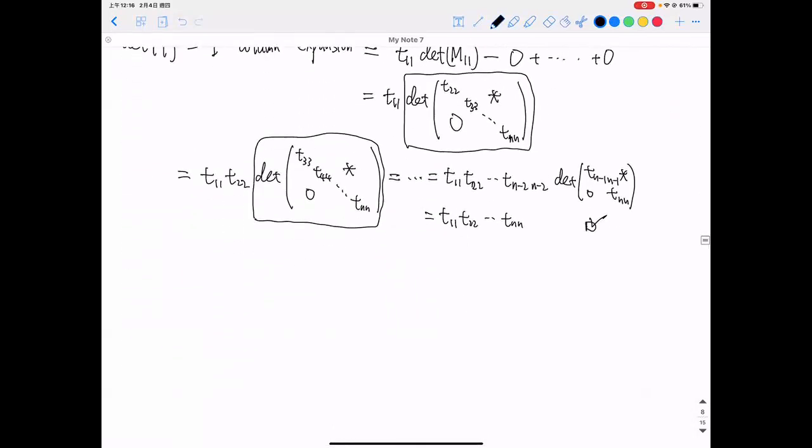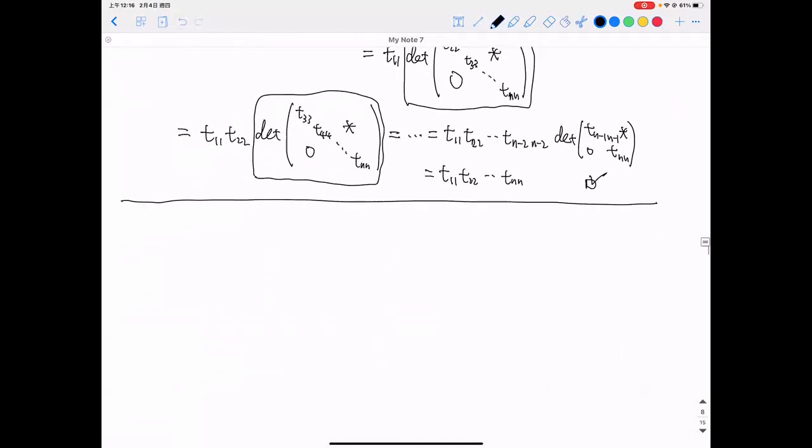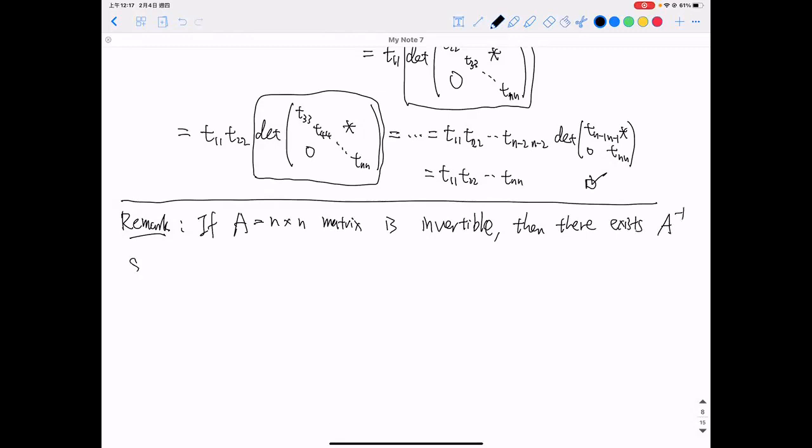So let's do a remark. Now, if A, which is an n by n matrix, is invertible, then there exists A inverse such that A inverse A is the identity matrix.